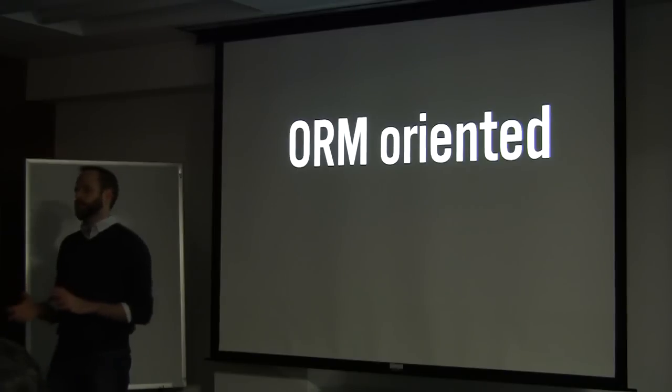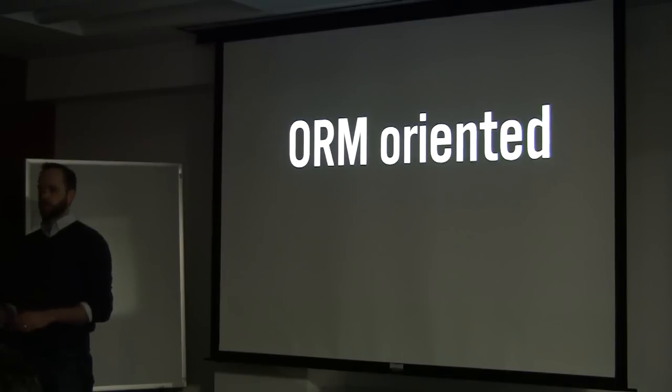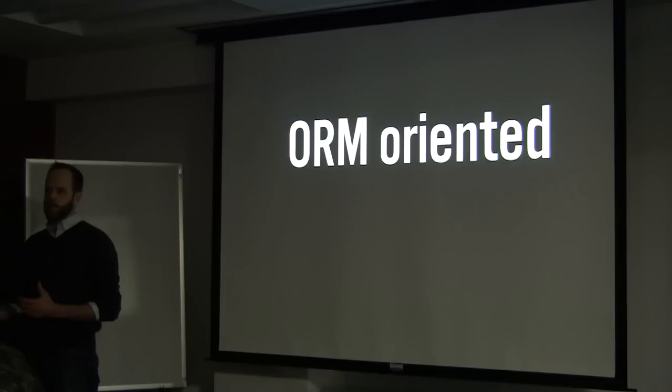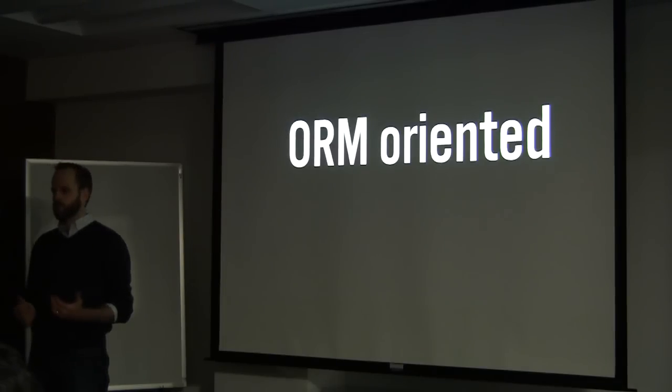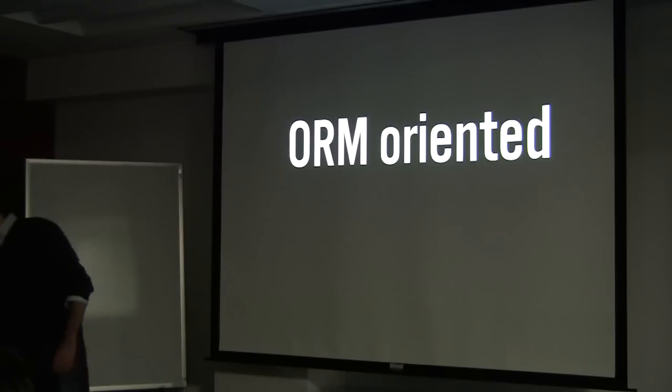The other aspect is that it is really focused on the Django ORM. You're going to be mapping models to documents. So if you're not using the Django ORM, you'd probably have to do something funky with it, because it is really focused on the ORM. It probably wouldn't play well with something like SQLAlchemy. I would think out of the box it wouldn't.